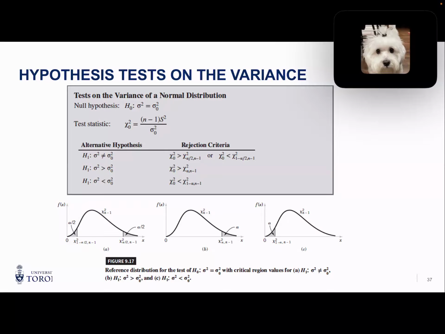We're not going to use that value, just the same as we didn't use mu0 previously, but that's our test statistic. And our alternative hypotheses are, rinse and repeat, the same as they would have been for normal and for t-student.